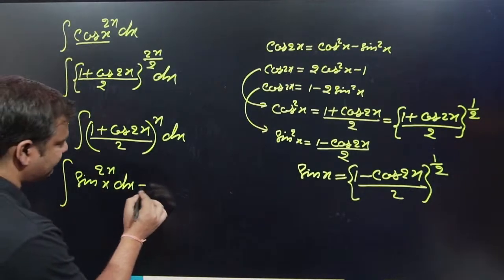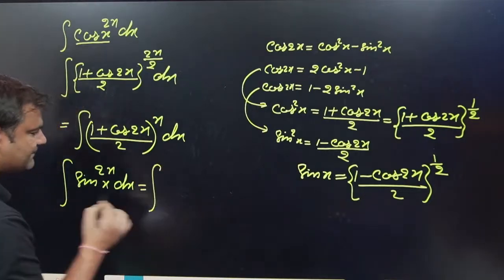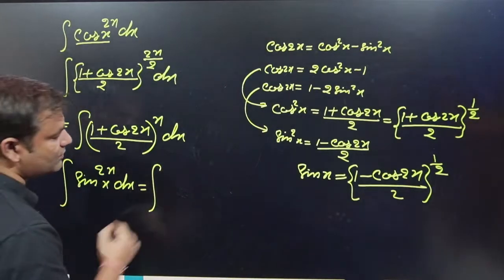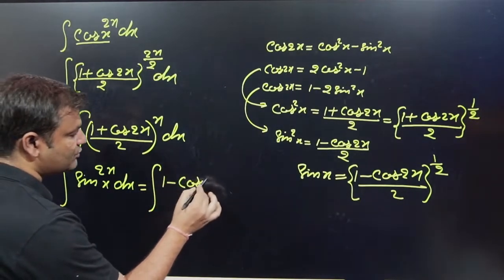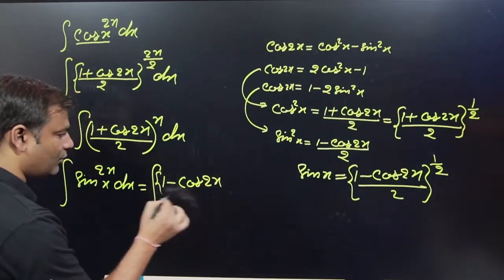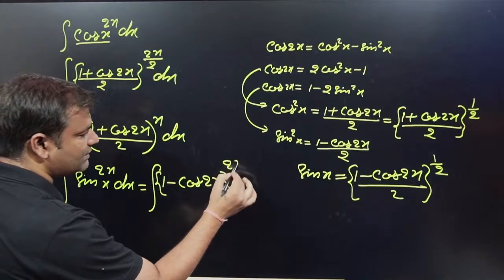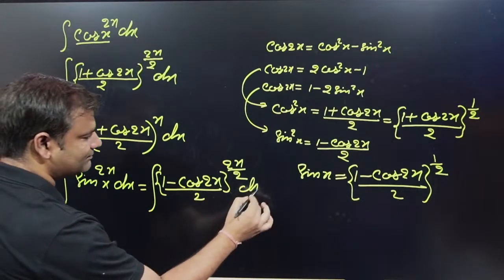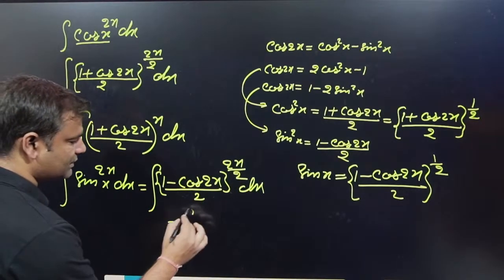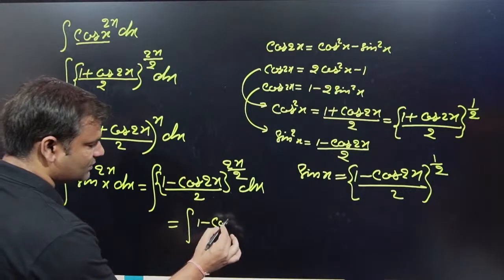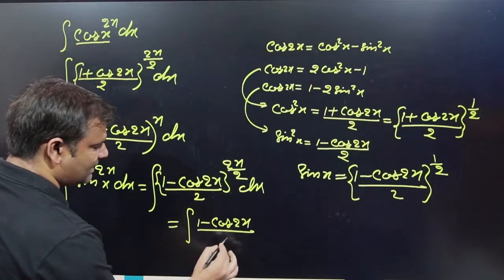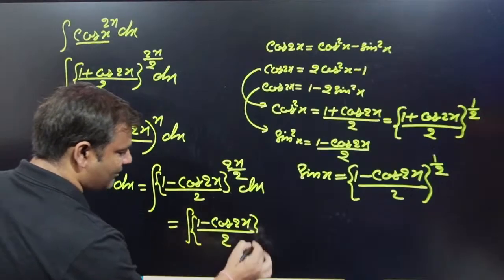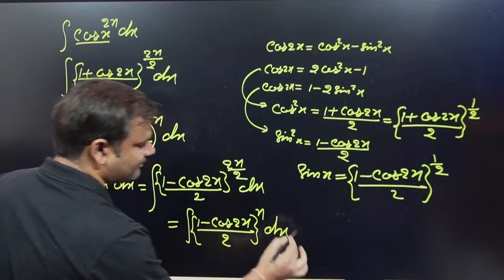So this is the integration of 1 minus cos 2x divided by 2 to whole power n dx.